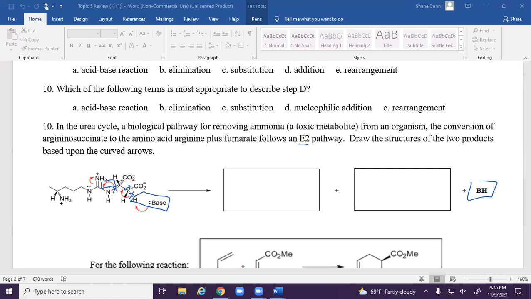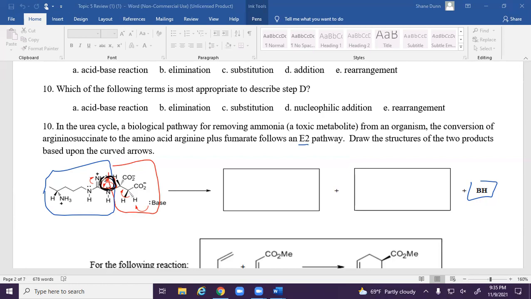So, what this means, this arrow separates these two from each other. So those are two products. Does that make sense? Which arrow separates them? This one right there. Let's use black because it's easier to see.